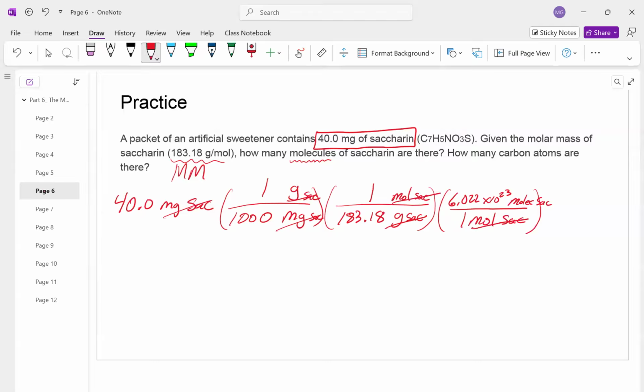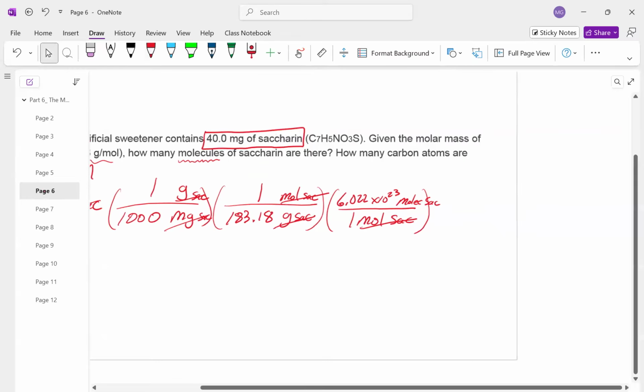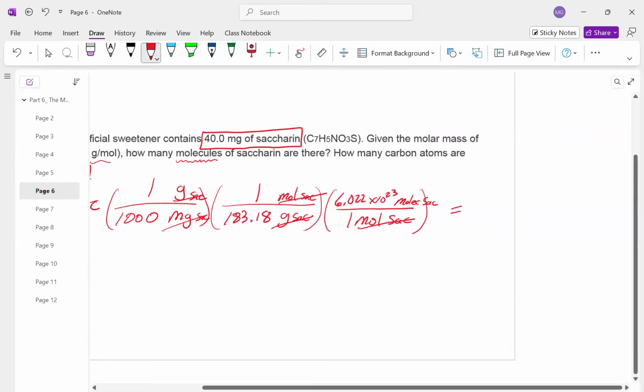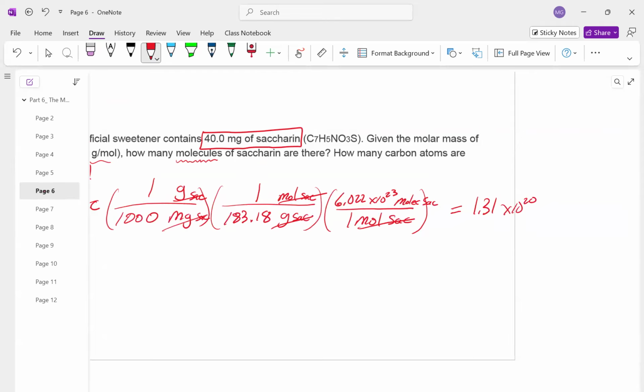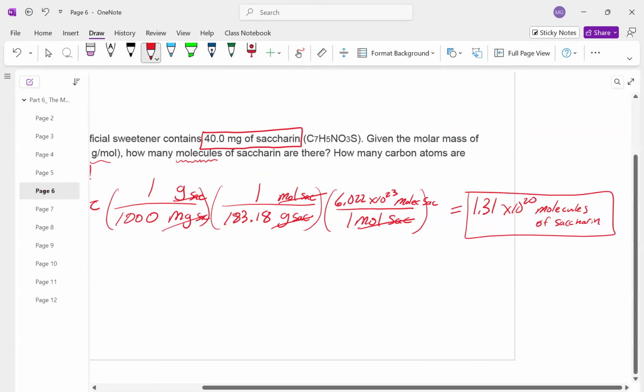So every unit cancels out until I'm left with molecules of saccharin. Toss all of that in the calculator, and I get 1.31 times 10 to the 20th molecules of saccharin.